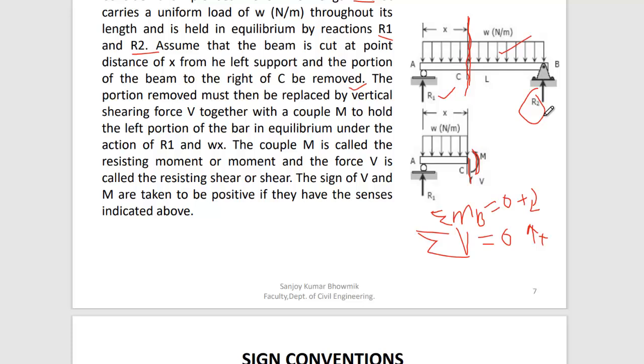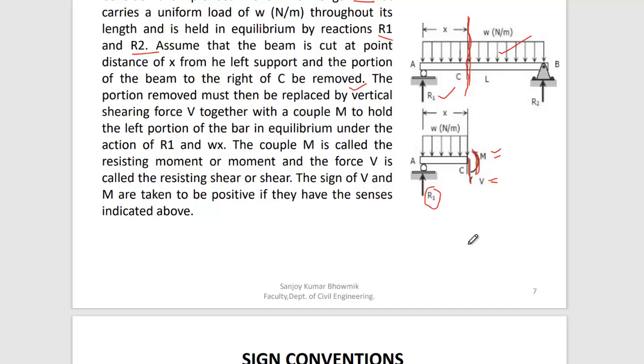Once you get R1, you can calculate R2. Once you know R1 and R2, can you calculate this V and M? Because this V is unknown and this M is unknown, but this R is known. Do you understand or not?